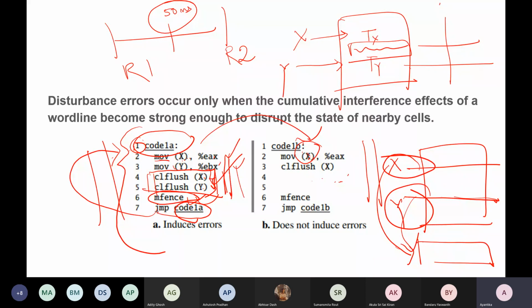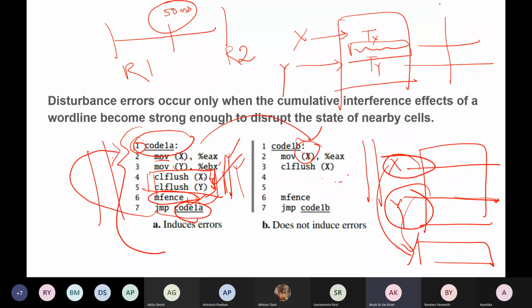That is the change compared to normal program writing: in adversarial program writing, this CL flush function is added purposefully so that your data does not remain in the cache. Because if that data is in the cache, there is no point. There will be no attack. That is normal execution of a program. Okay, so this is the basic concept of this attack. Is it clear?